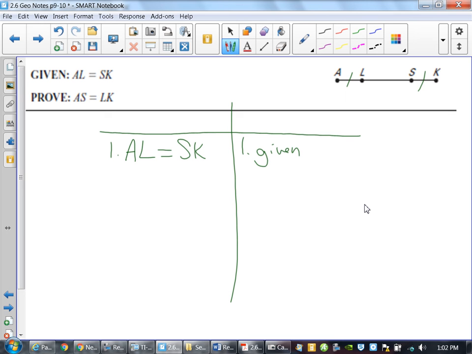Well, if you look at what they want you to prove, they want you to prove that AS is going to equal LK.